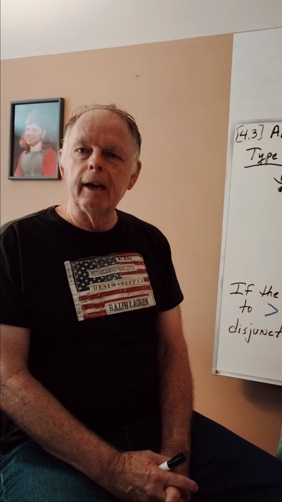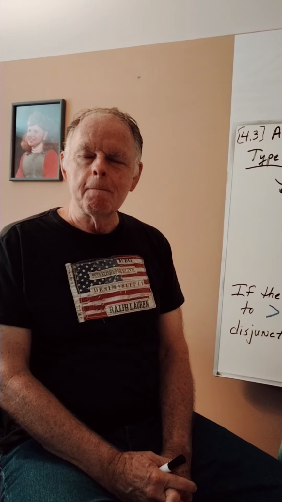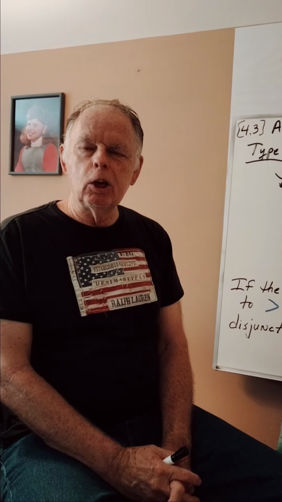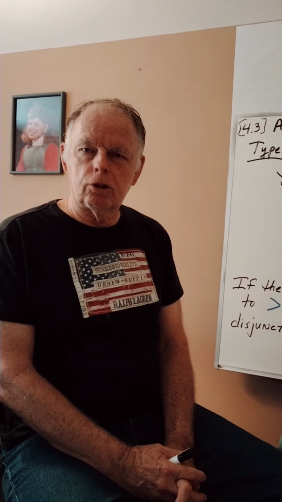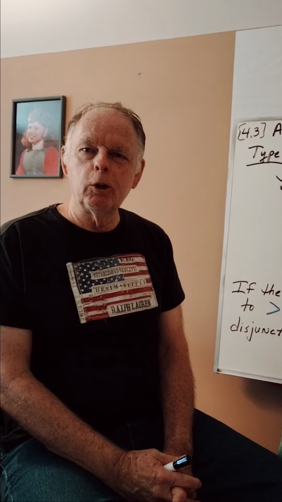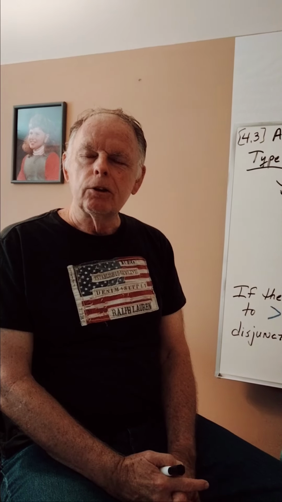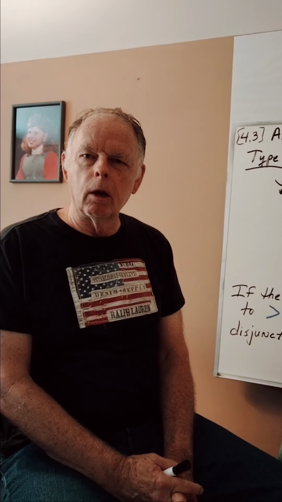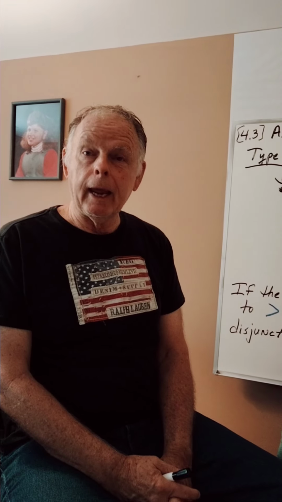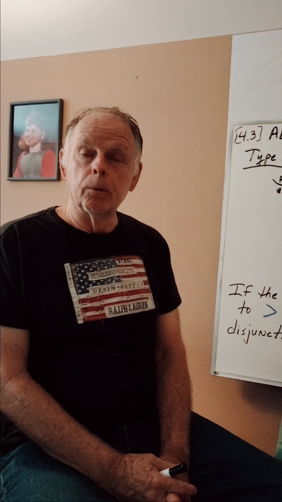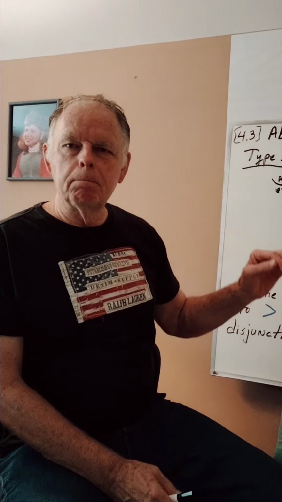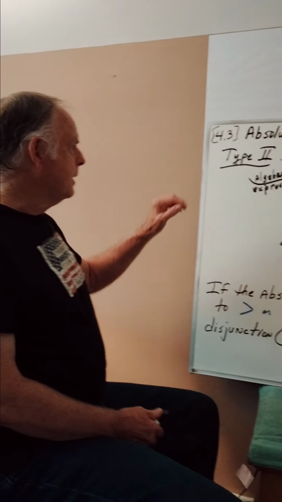The first type, in review, just briefly, said this: if the inequality symbol is linked to is less than, or is less than or equal to, the translation of that inequality will be to a conjunction, an and, written in compact form. But now we're going to move to the second type.